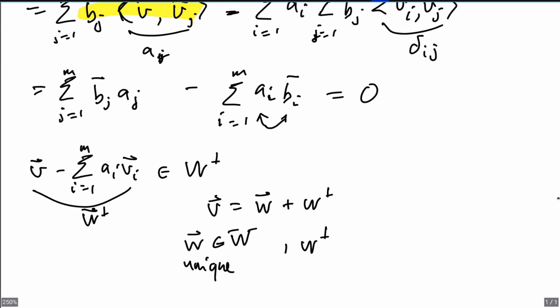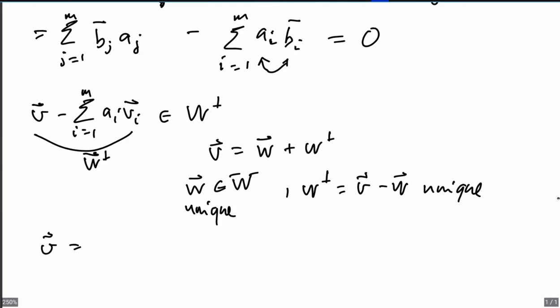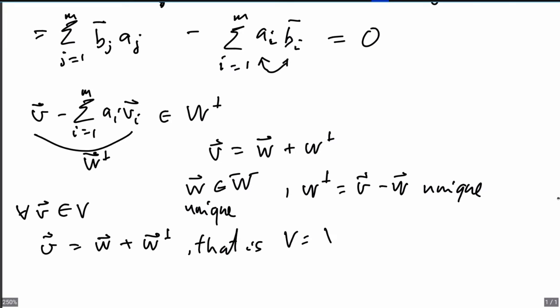And then w perp was defined as v minus w, which means it's also unique. For all v element of the vector space V, v can be written as w plus w perp uniquely, which means exactly that V equals the direct sum of W and W perp. That was the statement of the theorem.